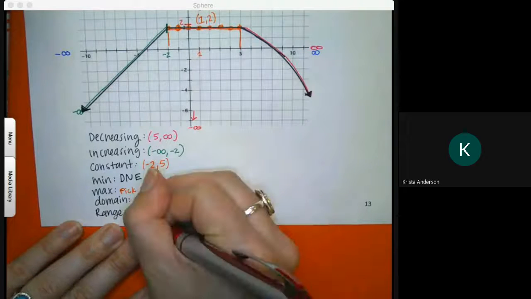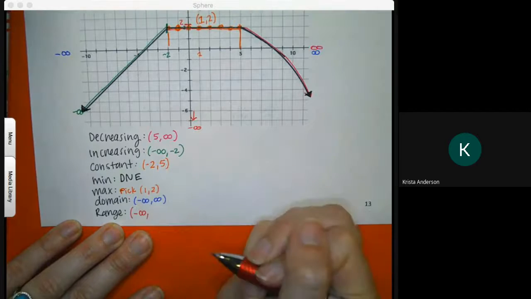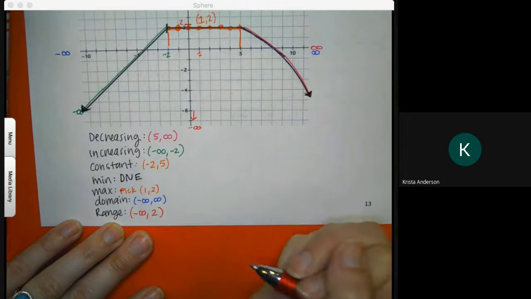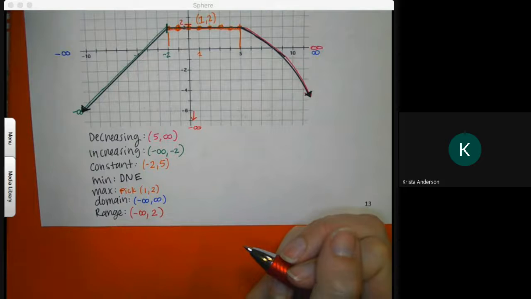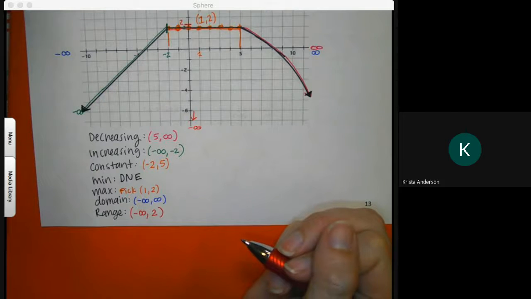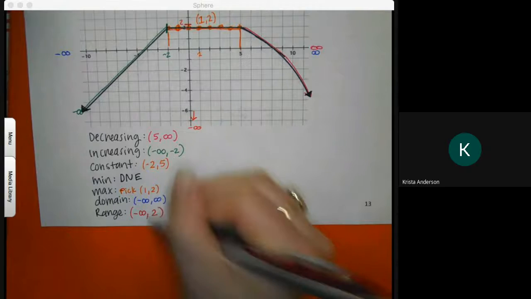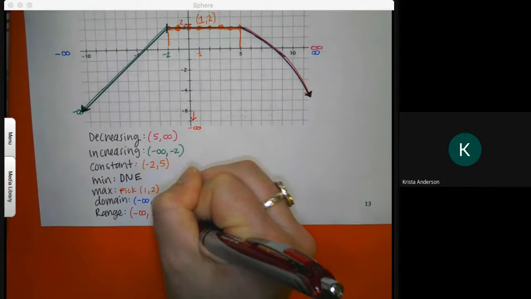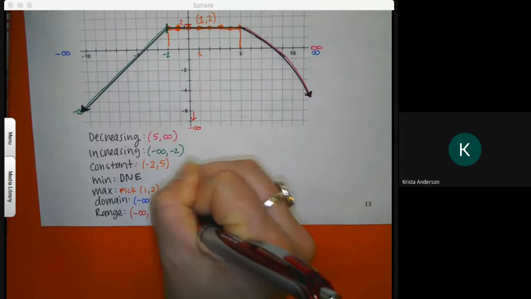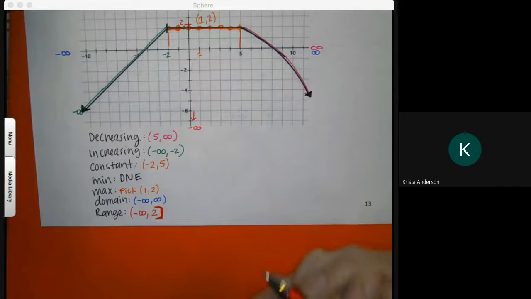So my range would be negative infinity as my low, 2 is my high. And it hits 2 and flattens out at it, so I'm going to change this parenthesis to a bracket. So this 2 is included in it. It hits the 2. That would be my range.